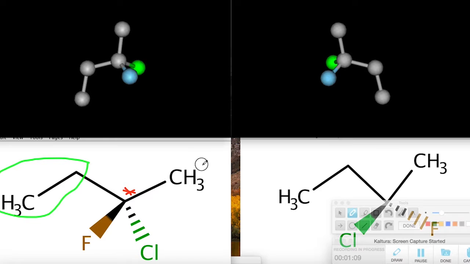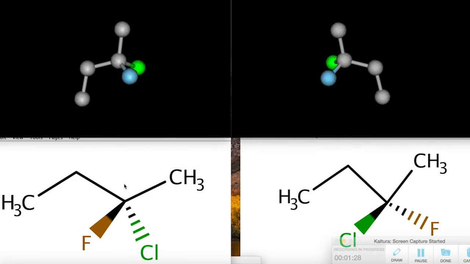And I see that I have a methyl group, which is 1 carbon, so that's a different group. I also see that I have my fluorine, which is different from the other 2. And I have my chlorine. Since this carbon has 4 different groups, then we know that it is chiral. Therefore, these cannot be identical molecules.